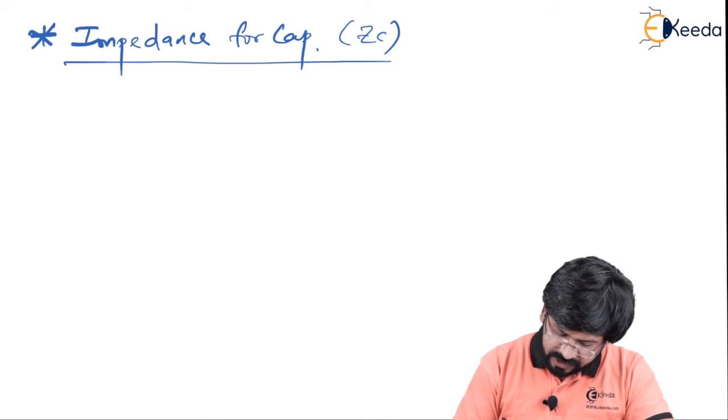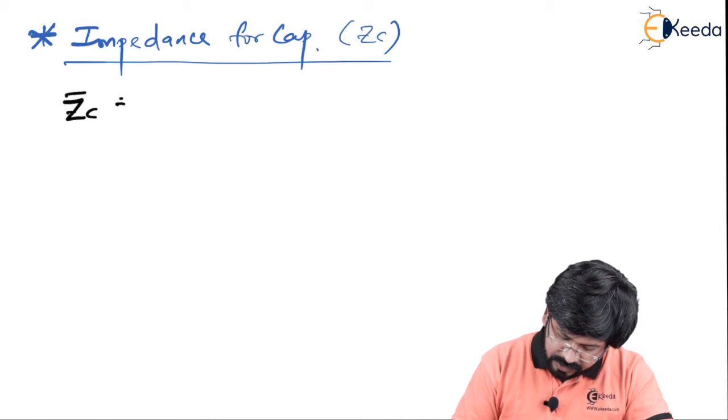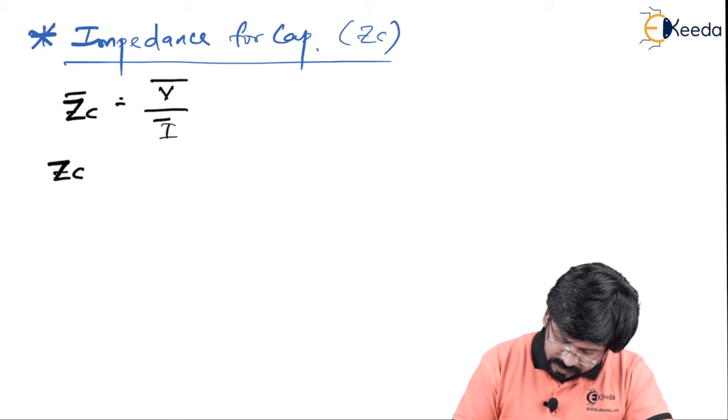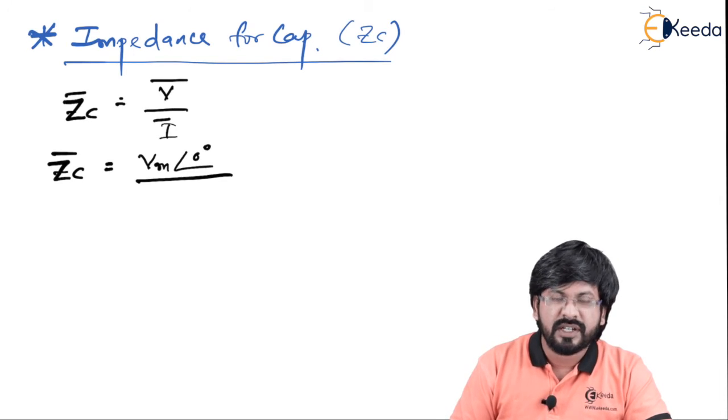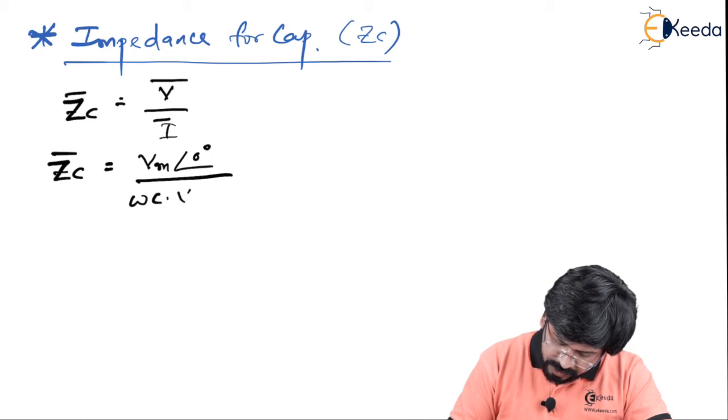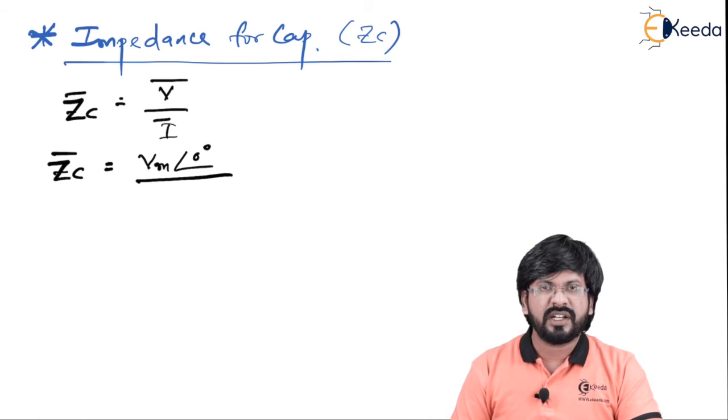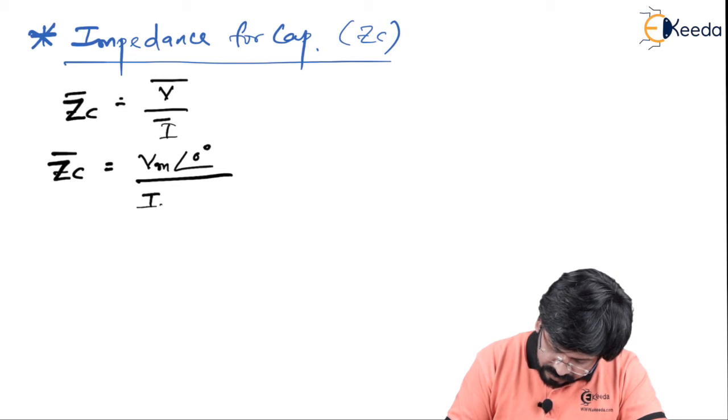Now we will calculate impedance for capacitor. ZC vector is nothing but V vector upon I vector by Ohm's law. ZC vector is Vm at an angle of 0 degree, whereas current we have got omega C times Vm, or Im at an angle of 90 degree.